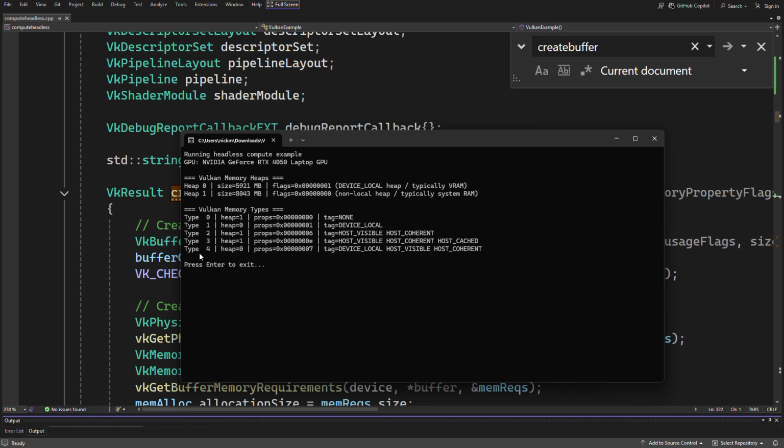Again, notice that we have four different memory types, but literally only two different heaps, two different physical memories on our system, right? But Vulkan, in order to have some level of sanity, puts these superficial restrictions on what you can do, and that's really what I wanted to get to today.